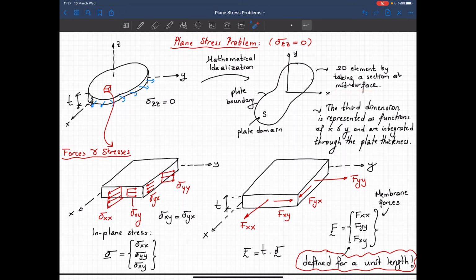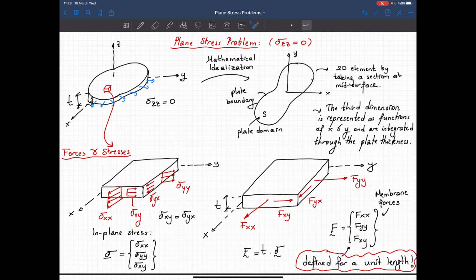Whenever we need to do something with respect to depth, we use integration. Now in this membrane element, the stresses are defined as uniform, and we have three types of stresses: axial stress in the X direction, axial stress in the Y direction, and the shear stress.